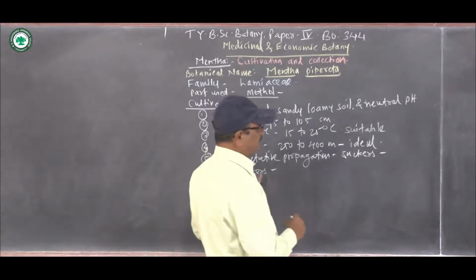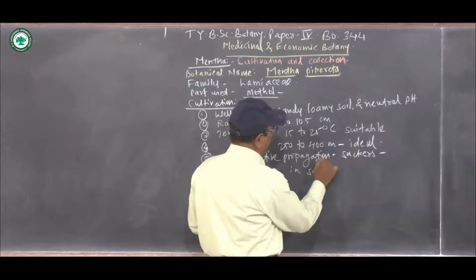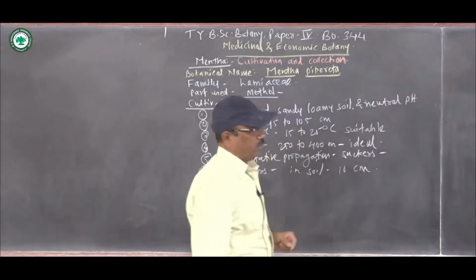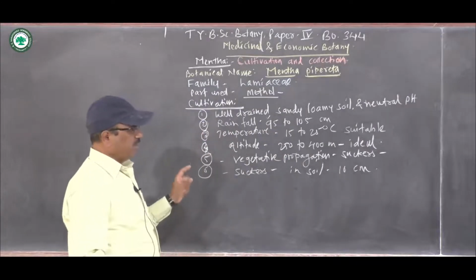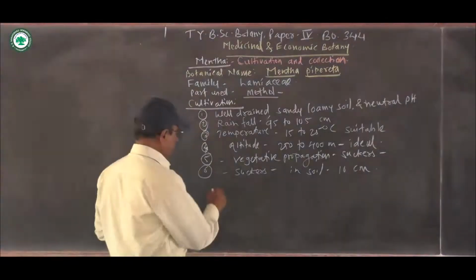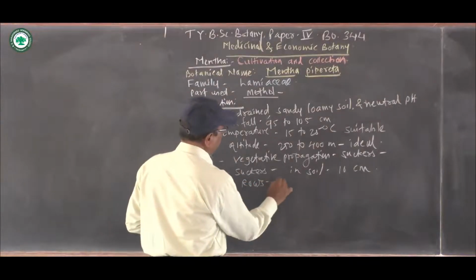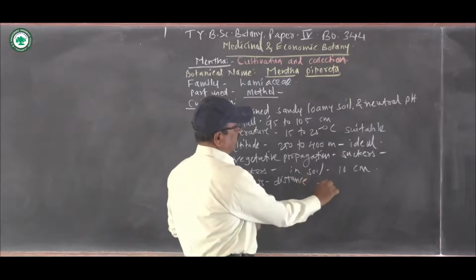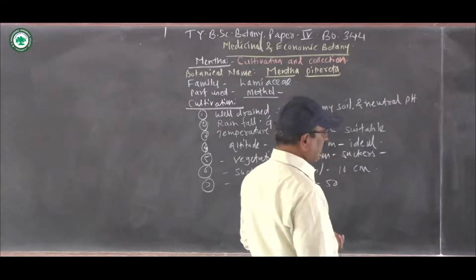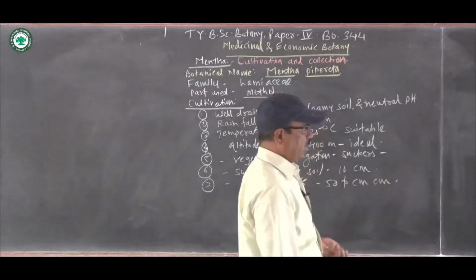So they are planted or placed in the soil, keeping a distance of about 10 centimeter. So plant to plant distance is 10 centimeter spacing, and between the lines or rows, the row distance of near about 50 to 60 centimeter is very suitable for the growth.